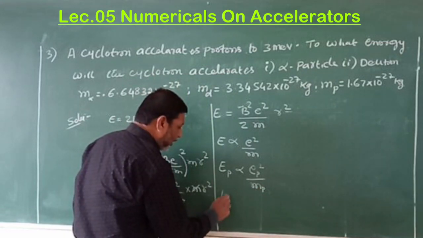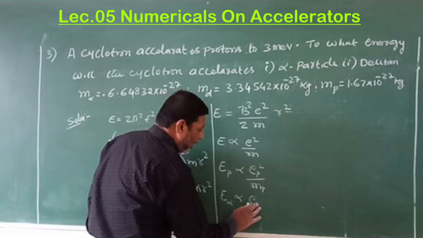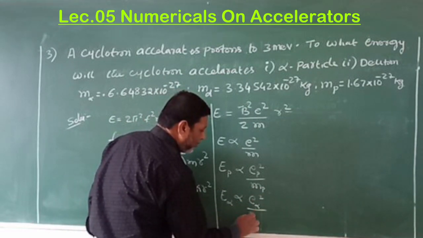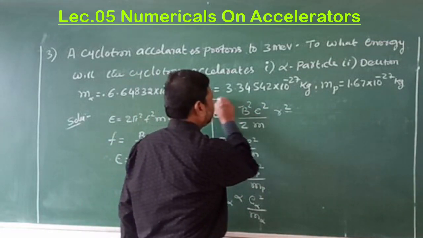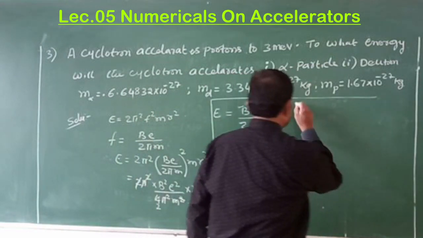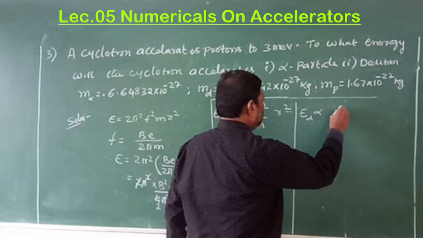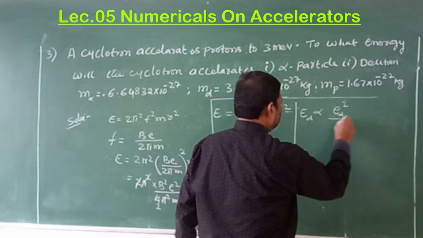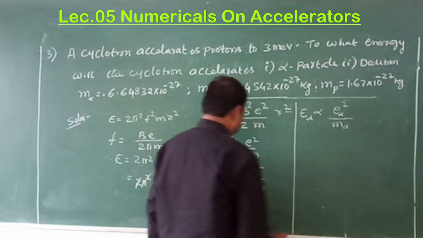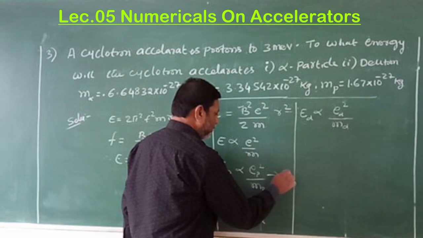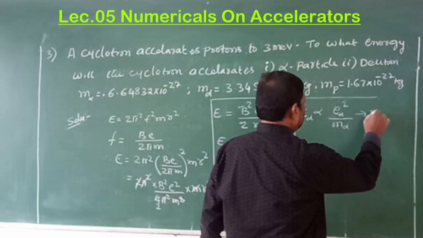Next, for the alpha particle, it is proportional to charge of the alpha particle square divided by mass of the alpha particle, right? Next, for deuteron, proportional to charge of deuteron square divided by mass of the deuteron. Let us represent this as equation number 1, this is 2, and this is 3.